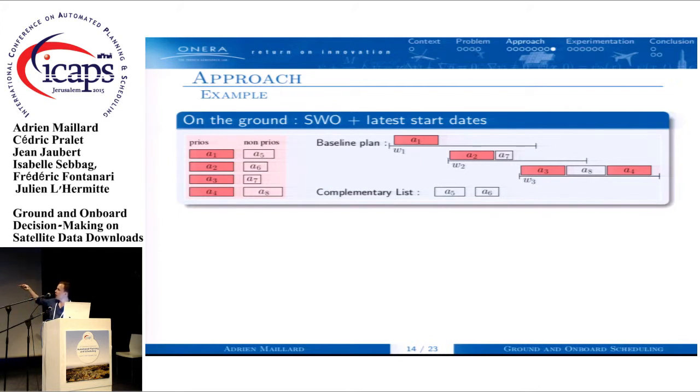For example here, how do we do that? We have the baseline plan. We just remove the low priority observations, and then we push the high priority ones from the end, and we deduce these latest start dates. We will see how they are used later.